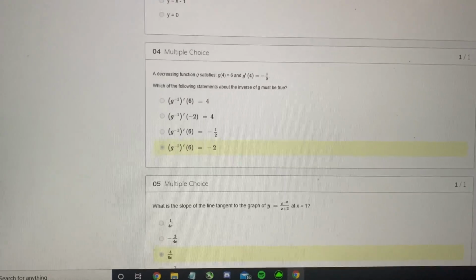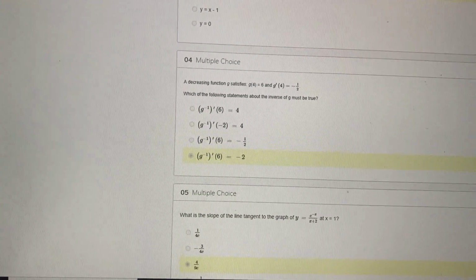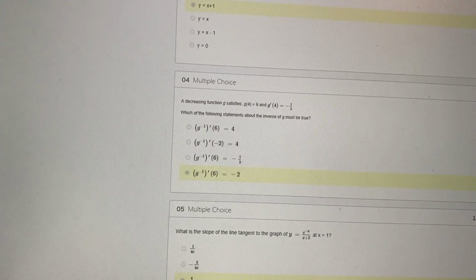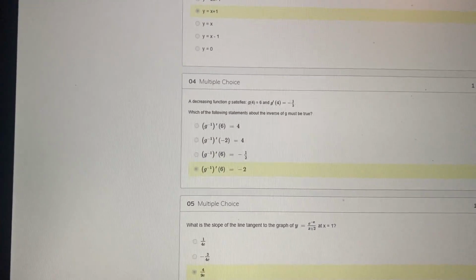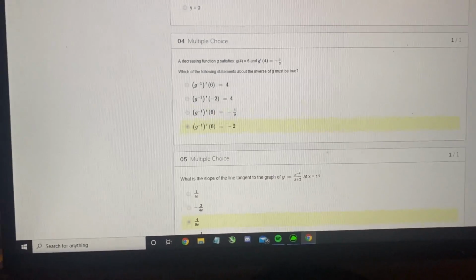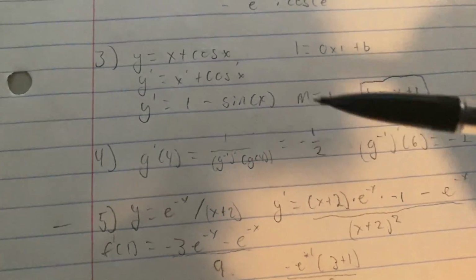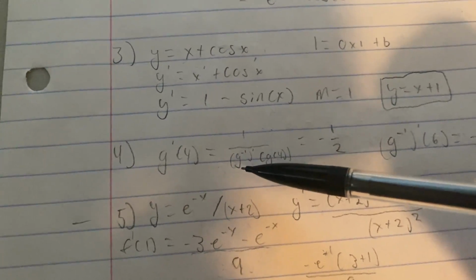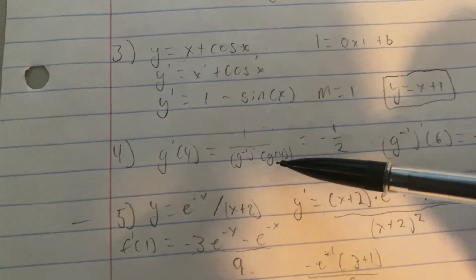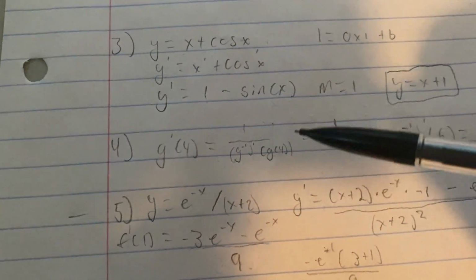We have a decreasing function g that satisfies g(4) equals 6 and g prime of 4 equals negative 1/2. Which of the following statements about the inverse of g must be true? For this one, we're going to use a rule that I have outlined right here. It's just going to be the derivative of g equals 1 over the derivative of the inverse of g at 4, or whatever number we're looking at.